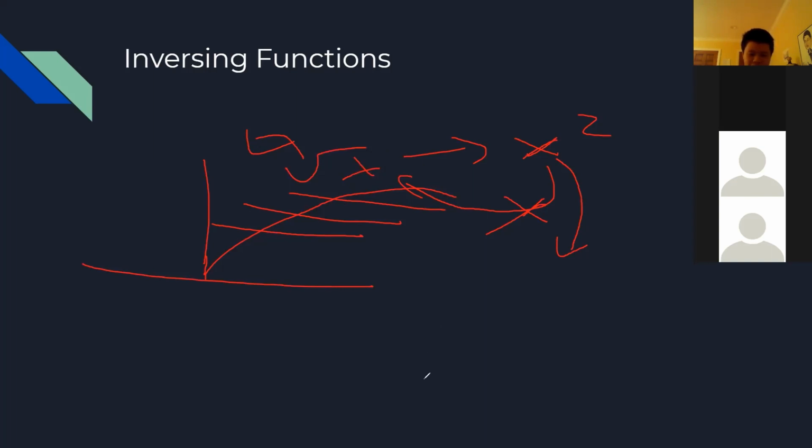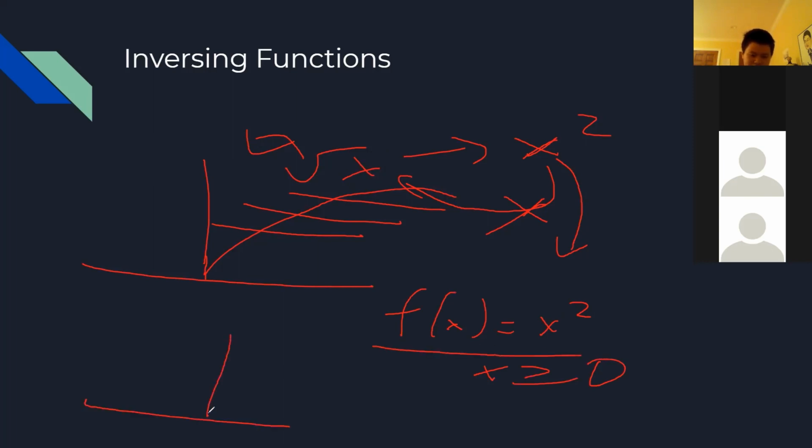If we had a function f(x) equals x squared where we arbitrarily decided on our own that our inputs have to be at least 0, then this would have an inverse, because it would look like this. And as always, you should watch out for domain and range issues when you're looking at functions.